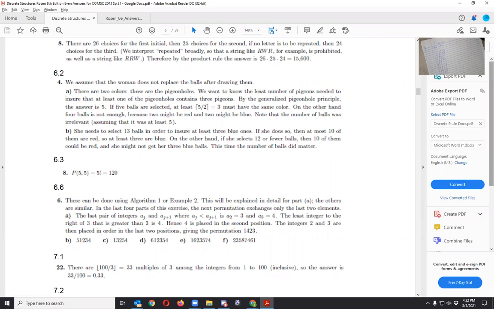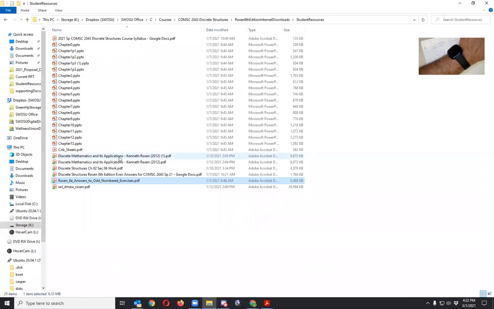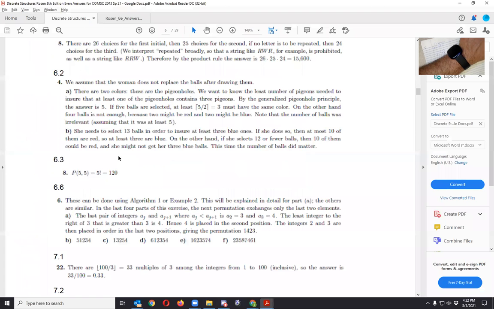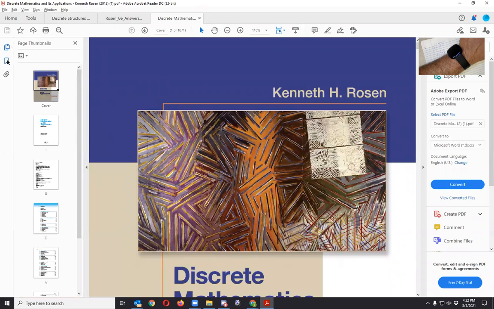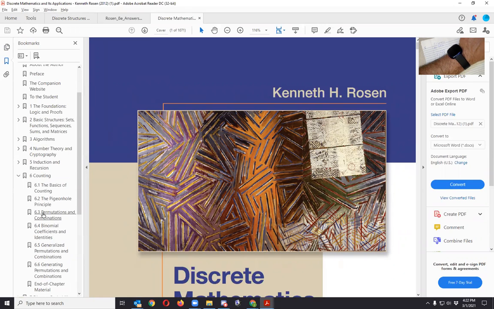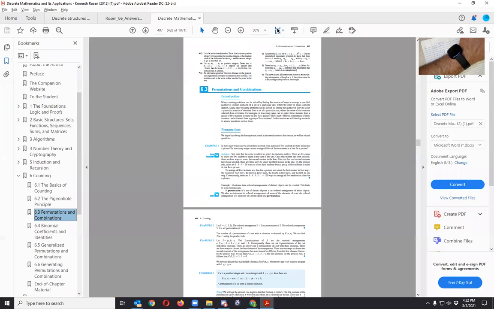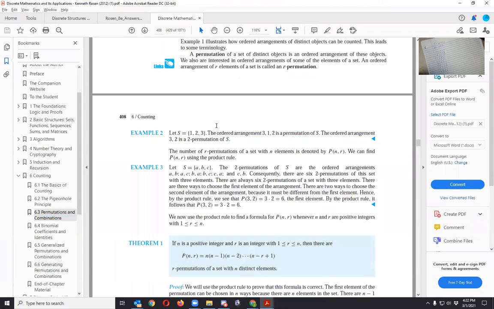All right. So for this one, I'm going to go ahead and open up a different resource. There we go. Oh, wrong tab. And this is permutations and combinations. Example: how many ways can we select 3 students from a group of 5?